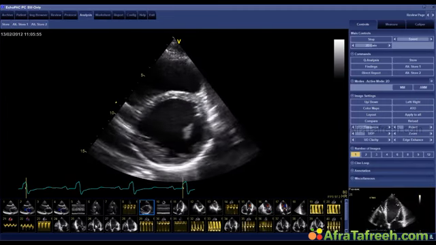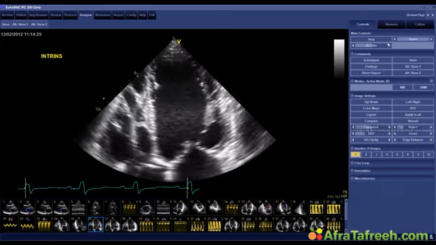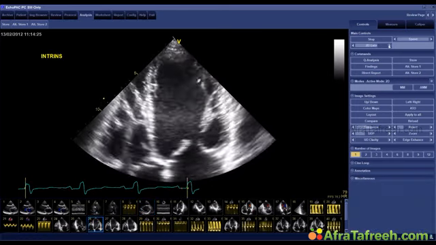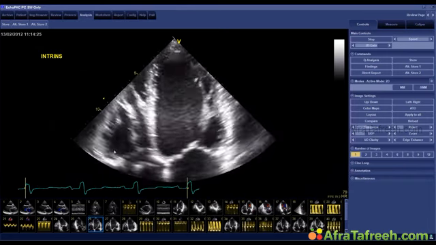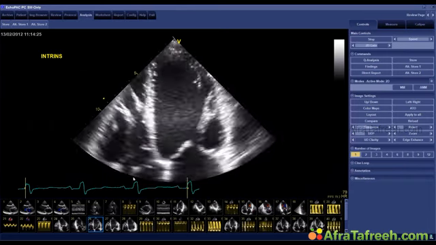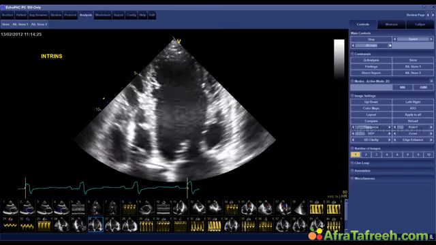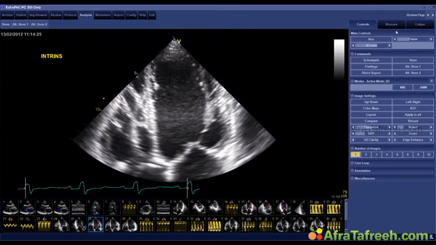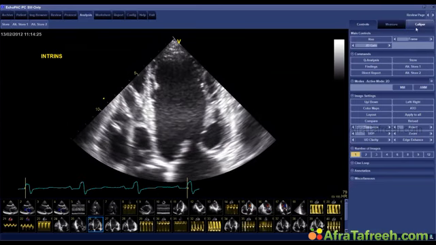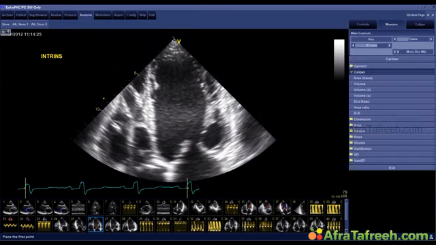Next, I'll show you the 4-chamber view. The patient has a pacemaker, or a lead at least, in the right ventricle. Again, let's just measure the size of the left ventricle. 63, that fits nicely to what we measured in the parasternal long axis view.